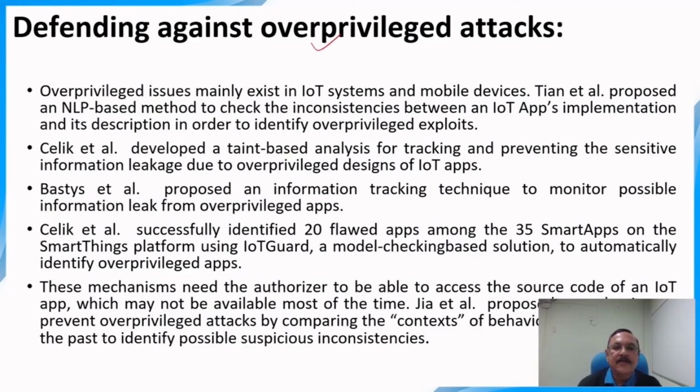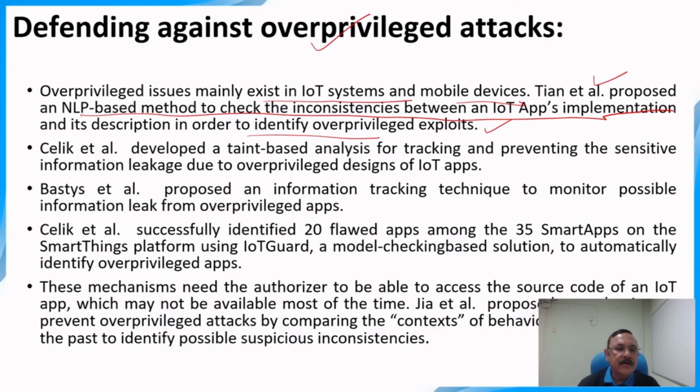Now, defending against the over privilege attacks. Over privilege issues mainly exist in IoT based systems and mobile systems. So, there are various scientists. First, they propose an NLP based method to check the inconsistencies between IoT application implementation and its description in order to identify the over privilege exploits.